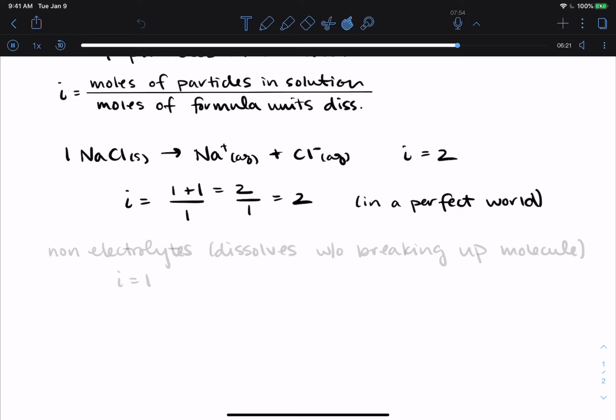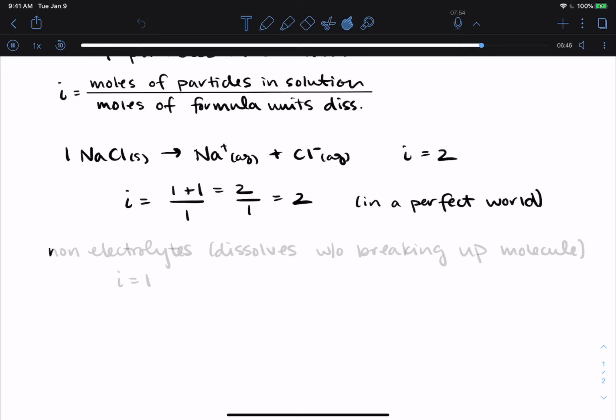I will not ask you to predict that. So unless you are given an i factor or you are asked to calculate an i factor based on every other piece of information in the problem, you can assume that things are happening in a perfect world and that everything splits up totally.